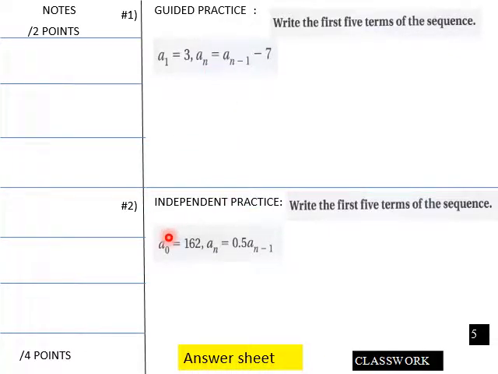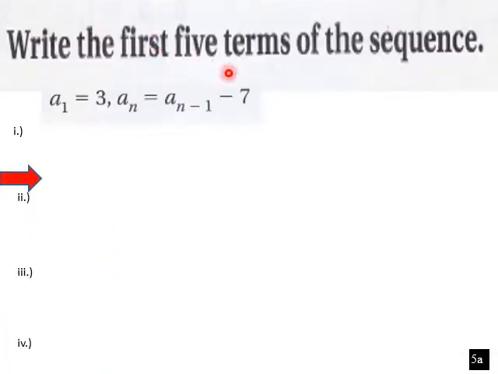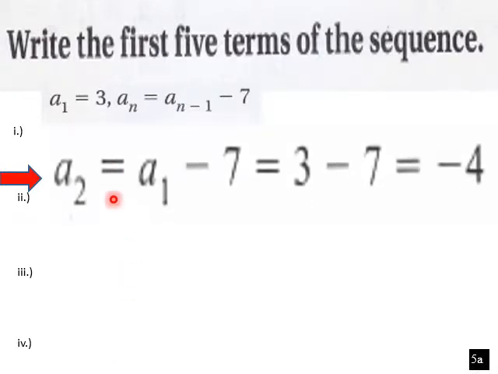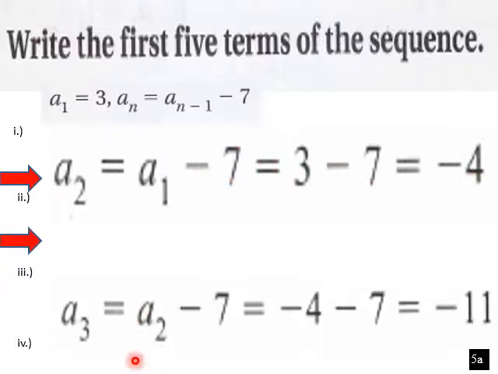Students, this one is on you. We're going to do this one right now as a guided practice. Write the first 5 terms of this sequence here. So a sub 2 would equal a sub 1 minus 7 equals 3 minus 7 equals negative 4.